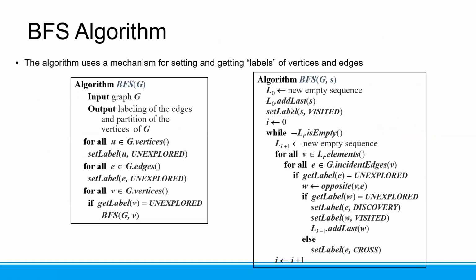Now we are going to look at the algorithm. This algorithm also uses labels. If we use DFS, you still remember what the labels are? We have visited, and then we have another label about the edges, which is the back edge.